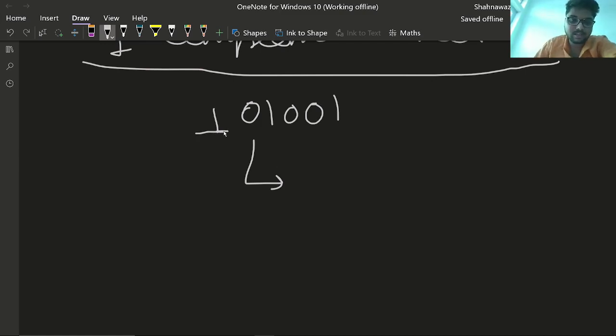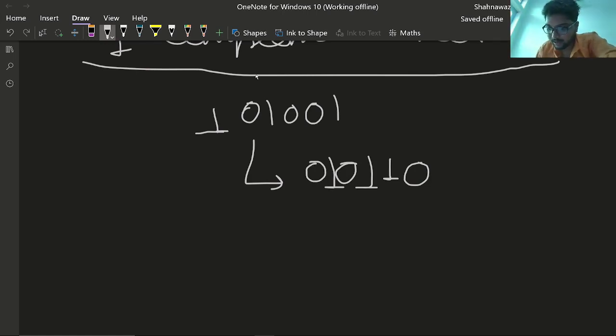So when you flip these digits, 1 becomes 0, 0 becomes 1, 0 becomes 1, 1 becomes 0, 0 becomes 1, and 0 becomes 0. All right, I think you have now got the way to convert from a normal binary number to its ones complement. This is the ones complement of this binary number.